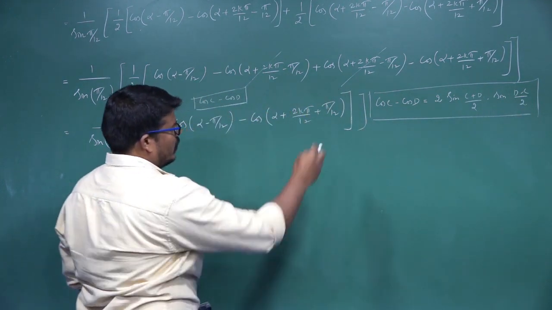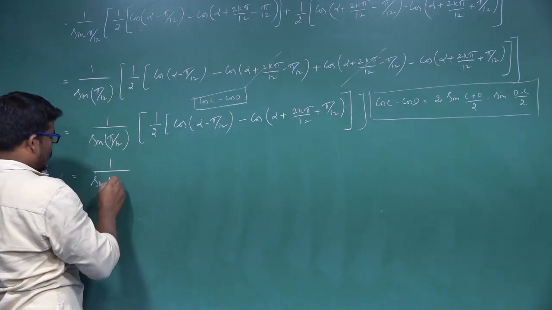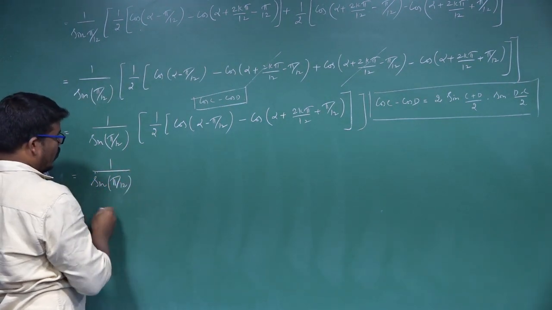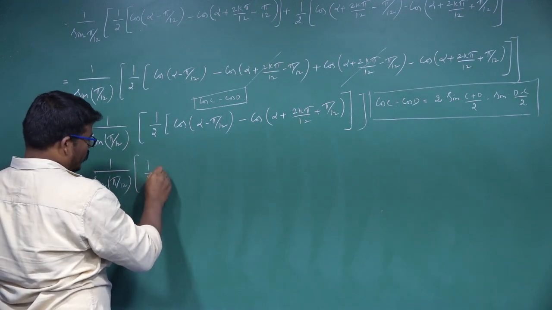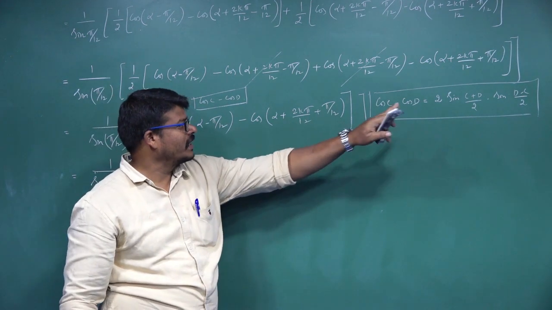By applying the trigonometry formula, it is equal to 1 by sin of pi by 12 into 1 by 2, cos c minus cos d is 2 times sin of c plus d by 2.